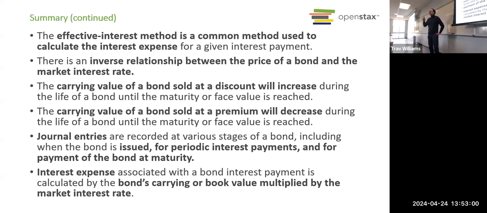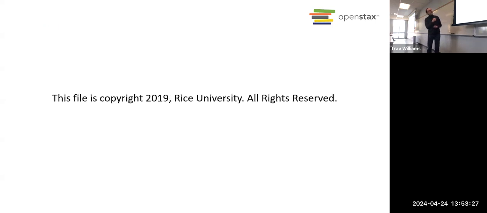We have to take the carrying value times the market rate, and then divided by the number of payments. That tells us the interest on the carrying value, and then we look at the difference between that and how much interest we paid out, and that is the amortization of the discount or the premium. I think that is it.